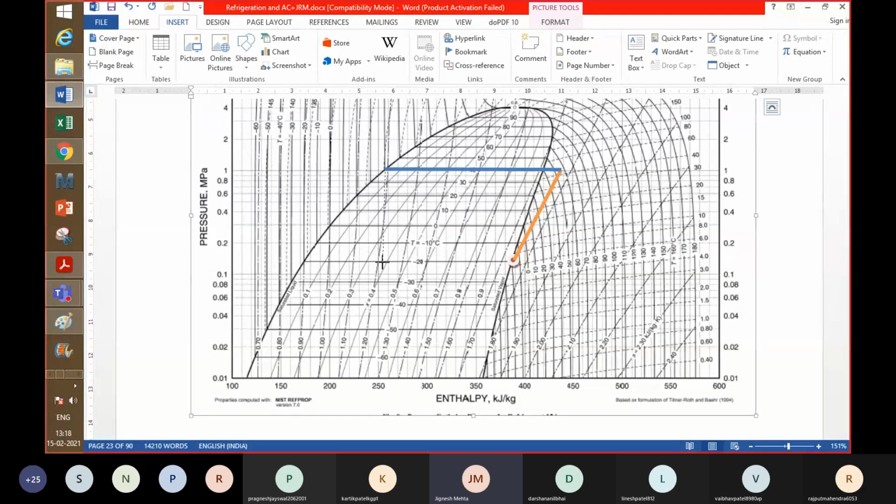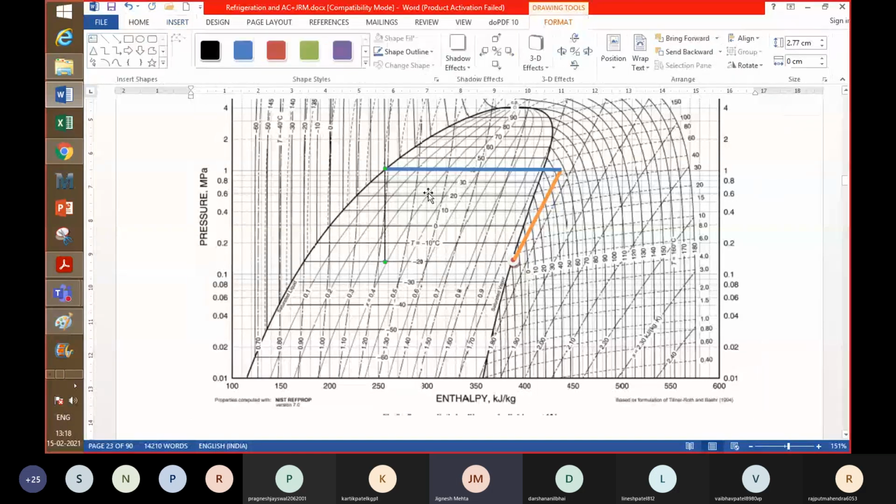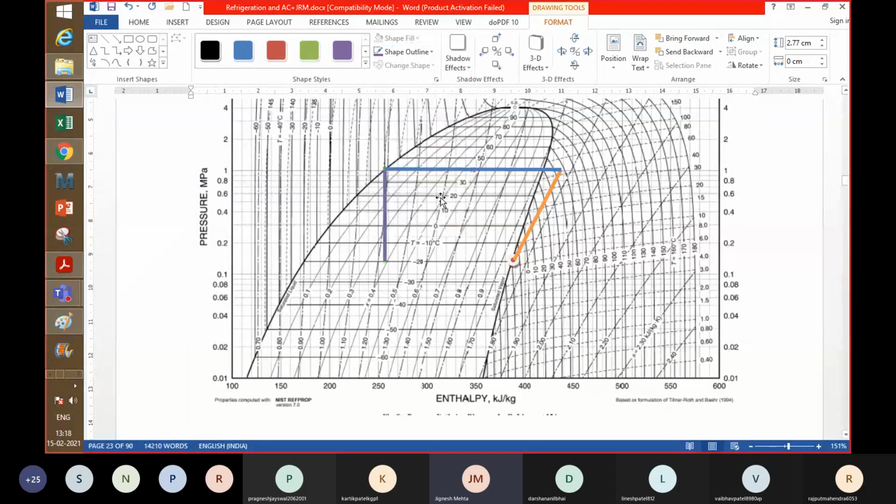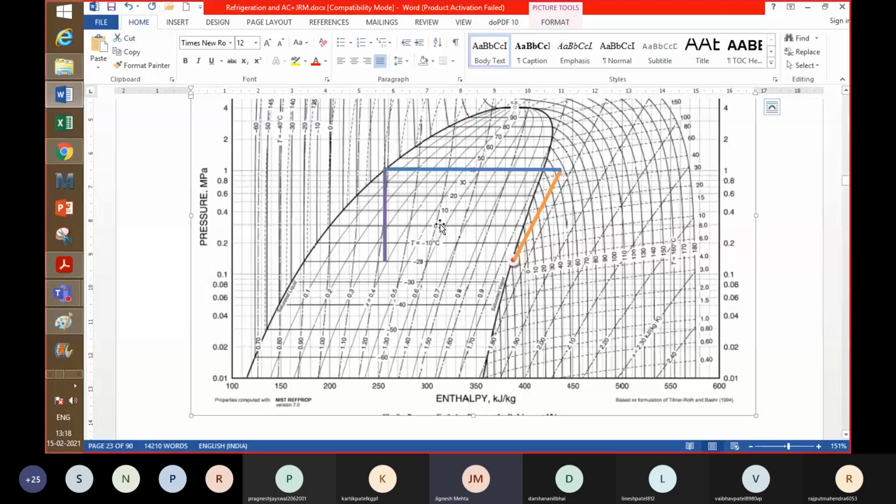It should be drawn up to minus 20 degree Celsius, right? The evaporator temperature, which is minus 20 degree Celsius, right? So this is the line drawn. And I have to stop at this point at evaporator temperature minus 20 degree Celsius. So this is your point 4.